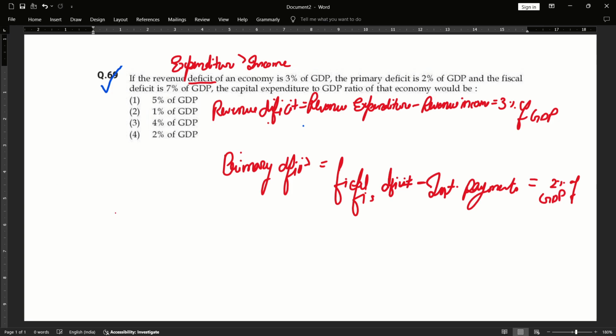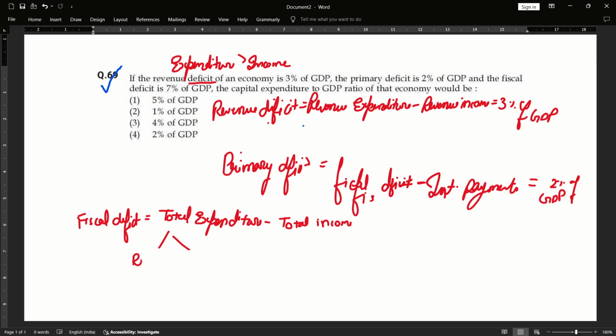Okay, now fiscal deficit is total expenditure minus total income. Now in total we have two things, revenue and capital.